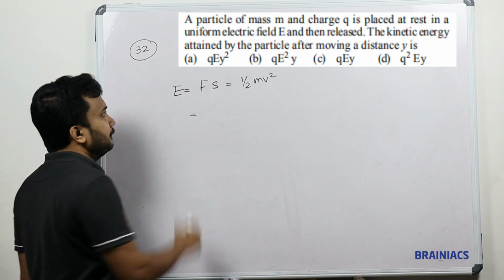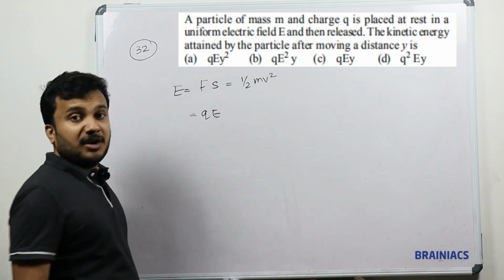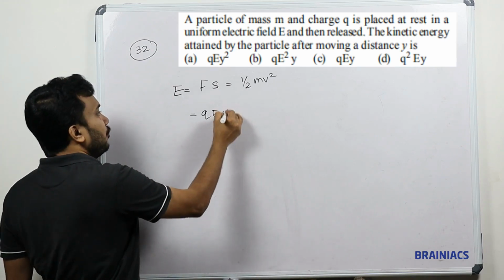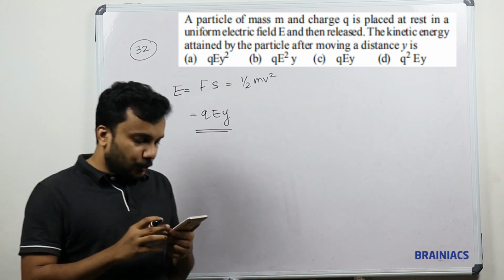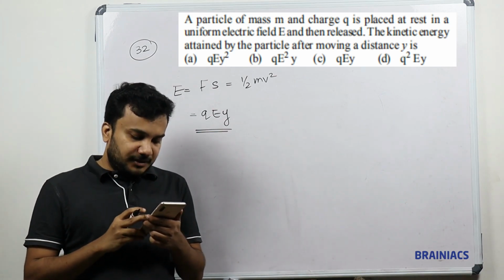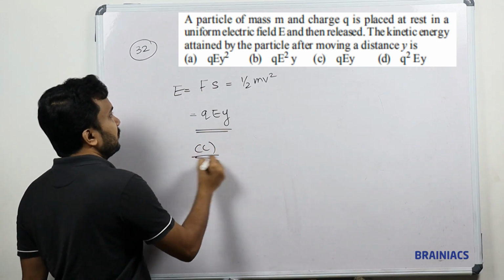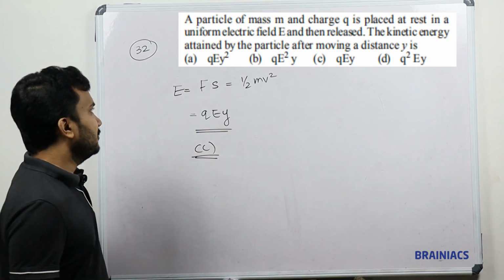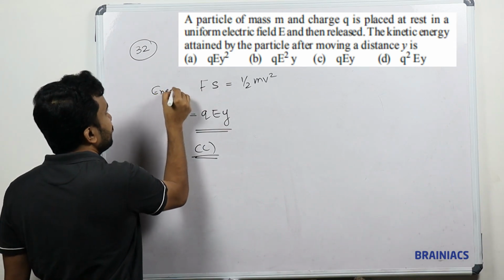So what is F? F will be equal to qE. What is the distance traveled? y amount of distance the body has traveled. So kinetic energy will be equal to qE into y. The answer is option C, which matches this one. Here E on the left is energy, not electric field; you can put it as energy if you are getting confused.